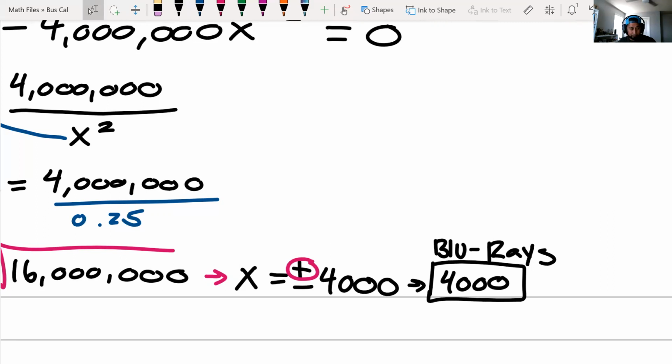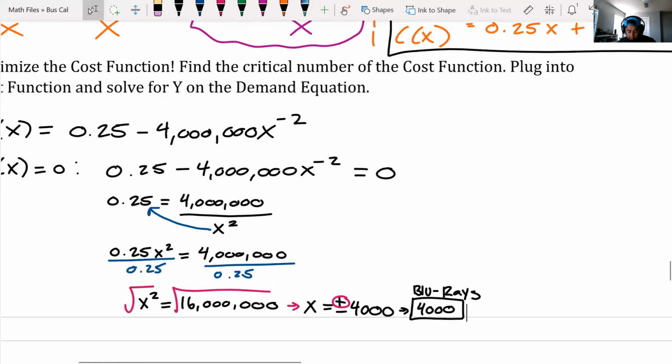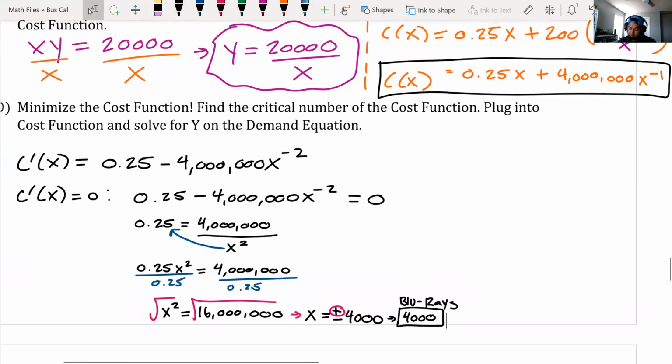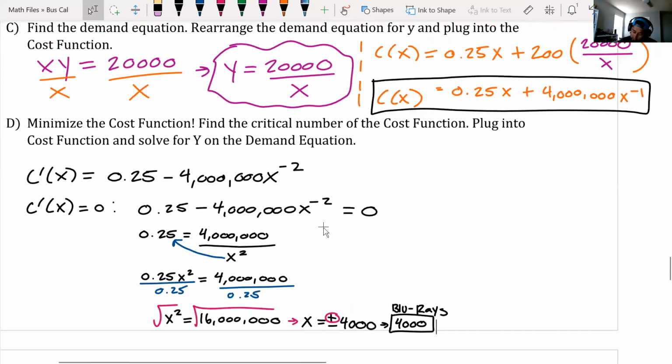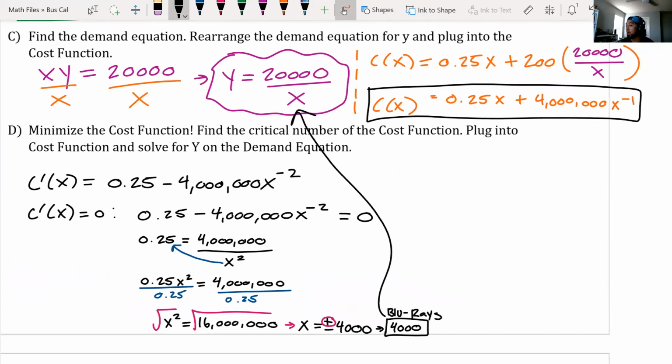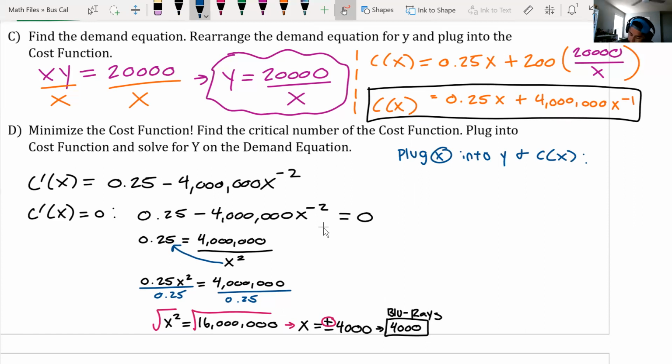Okay, and now what we need to do is take 4,000, plug it in to find Y, and then plug it in to find our cost. And that should be it. So we'll say for Y, there we go.